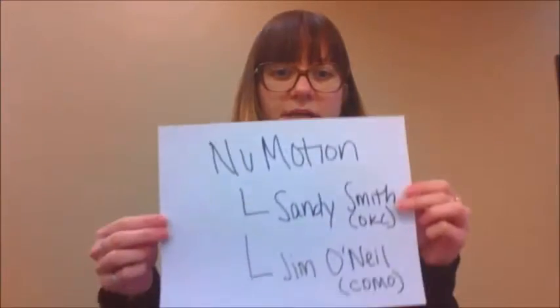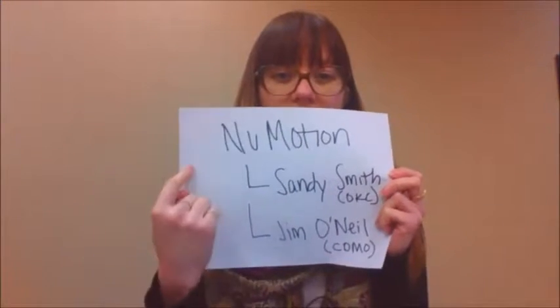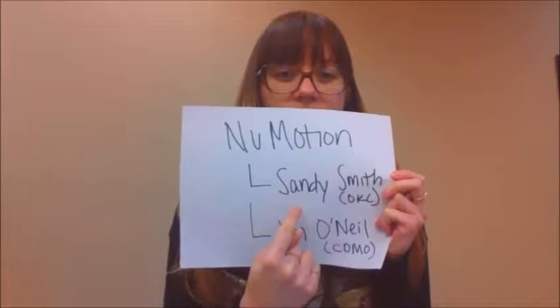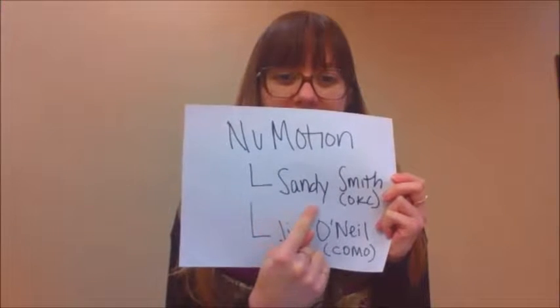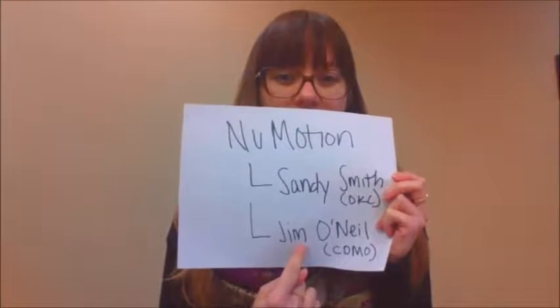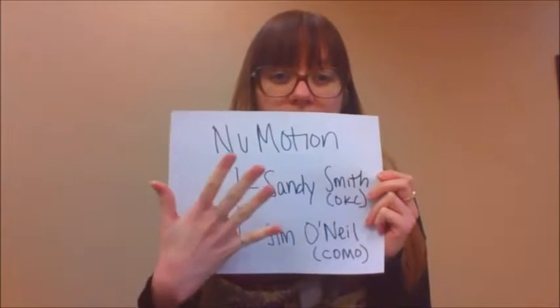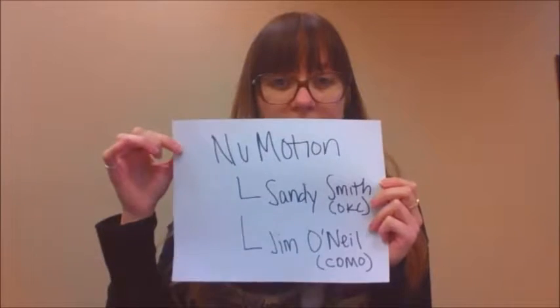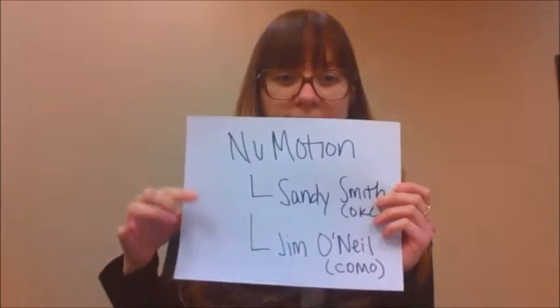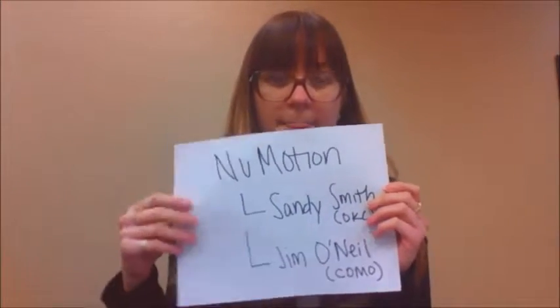Practically, that makes sense if we're talking about businesses and we're trying to track information like NewMotion. We can have NewMotion all as one account. We can talk about Sandy over here in OKC, and we can talk about Jim over here in Como, and we have records attached all through NewMotion. So this is maybe the same brand ambassador, but they're dealing with a couple different contacts at different places, right? That makes sense. That's a B2B record.